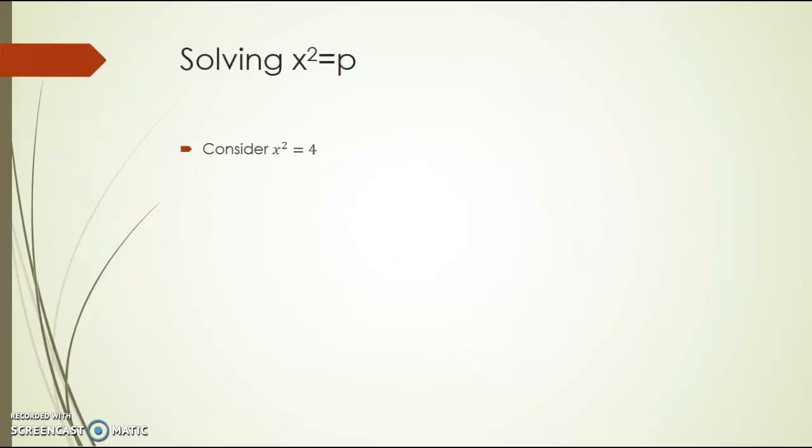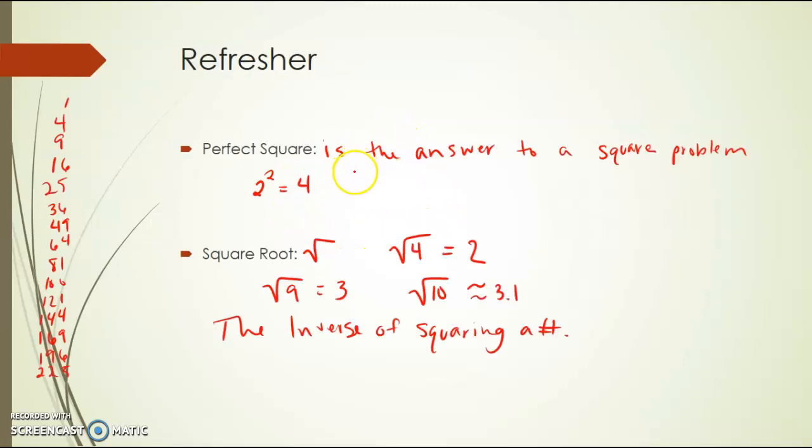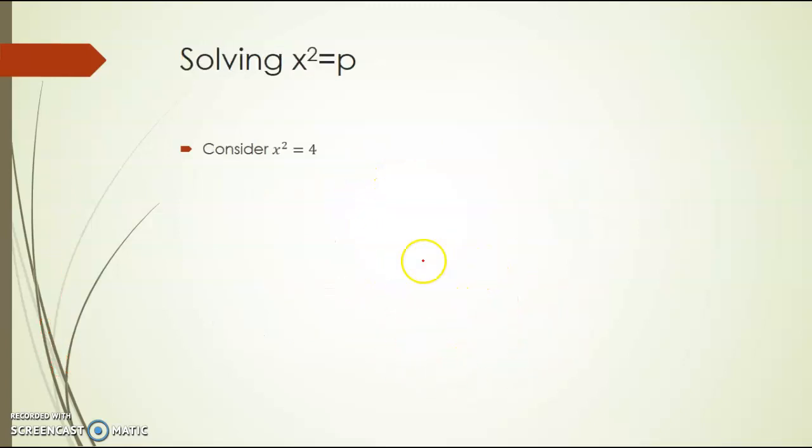Alright, so the new part of this lesson is solving equations of the form x squared equals p, p being any number. So consider x squared equals 4, because I think if we see it in action, then it actually makes sense. We just said that a square root is the inverse of squaring a number.